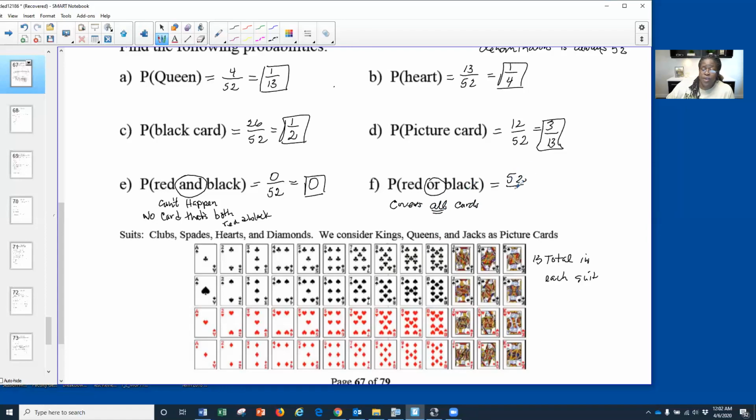So you have 52 divided by 52, which equals 1. All right. So thinking about what they're asking us about the deck of cards, and remembering our words "and" and "or": "and" means can something be both those things? Or we're talking about one or the other. If it could be a red card or a black, and you pick a black card, you just add all those things together. Okay? All right. Let's move on to the next page.